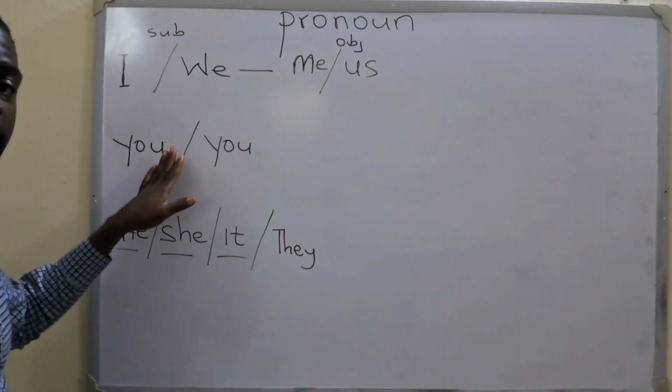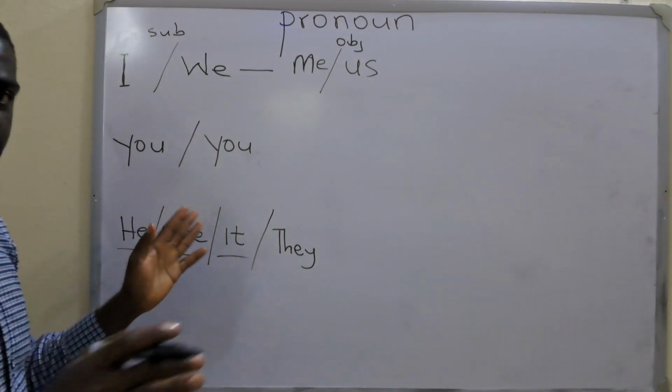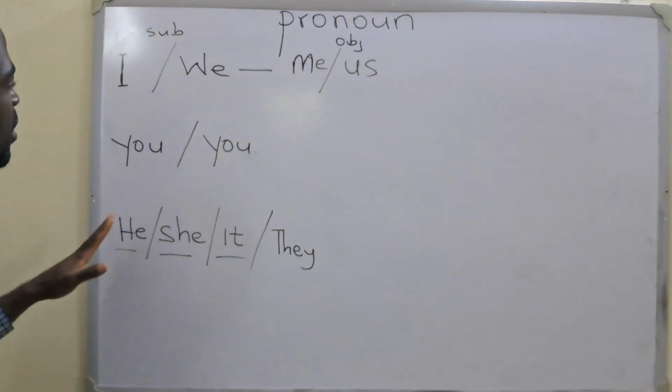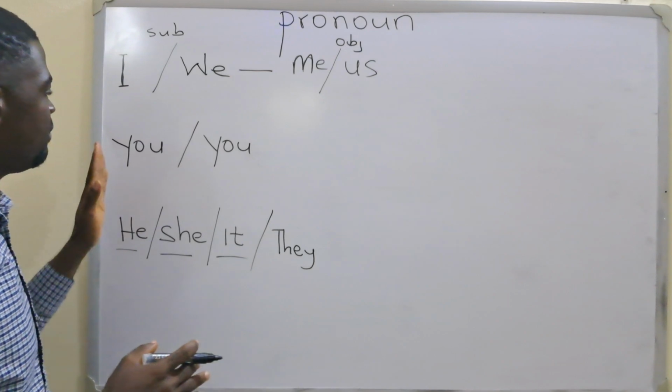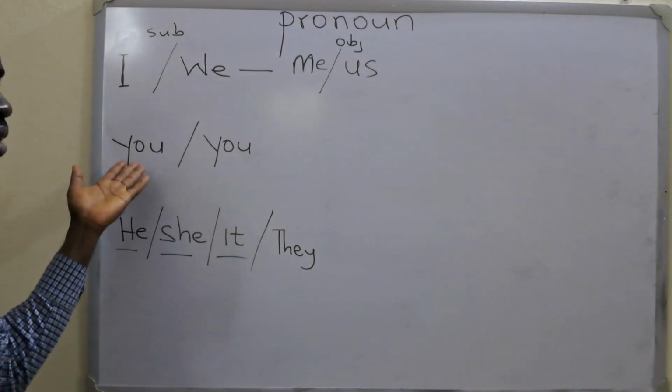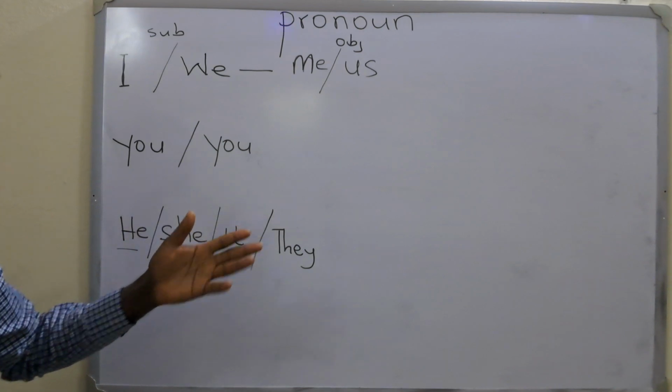How about the second person pronoun? The second person pronoun stays static. It doesn't change. So even if it's coming in the subject position, it still remains you. If it goes to the object, it still stays you.